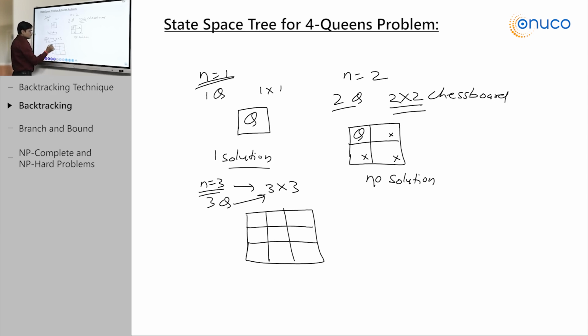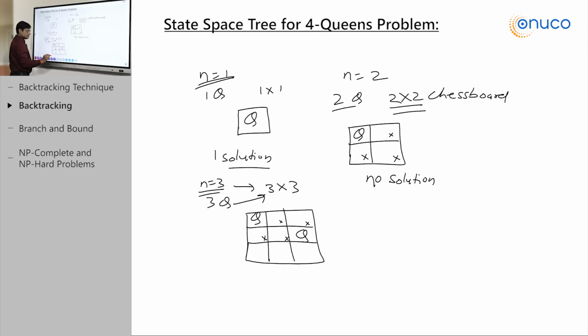Let us start from here. We can place 1 queen here. Can we place here? No. Can we place here? No. Can we place here? No. Here is the same row, here is the same column. Can we place here? No, it is in the same diagonal. Can we place it here? Yes, we can place it here.